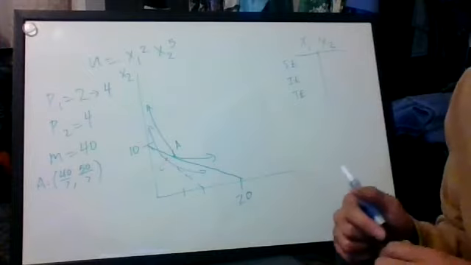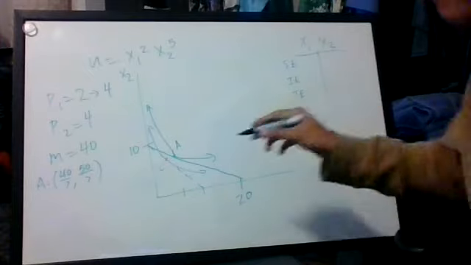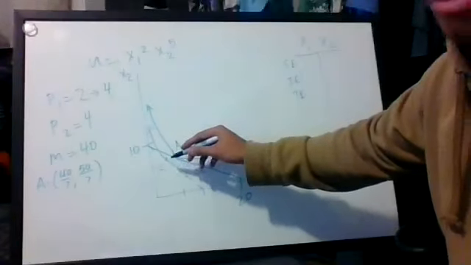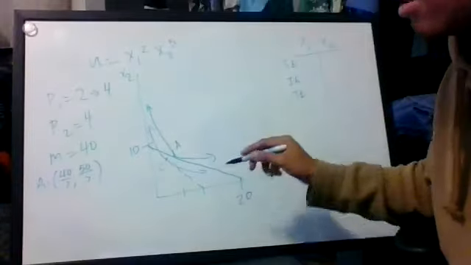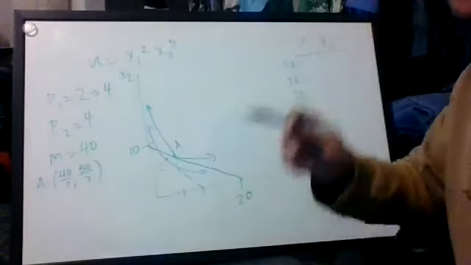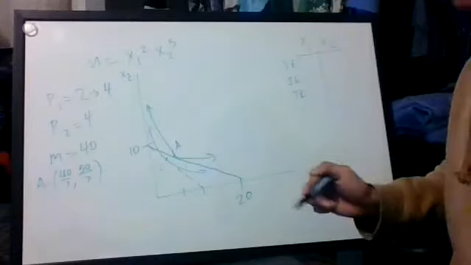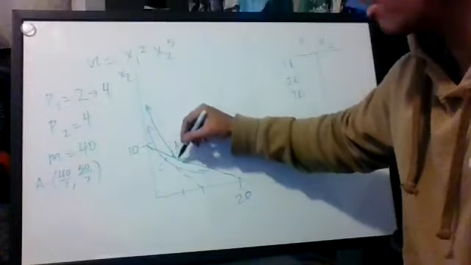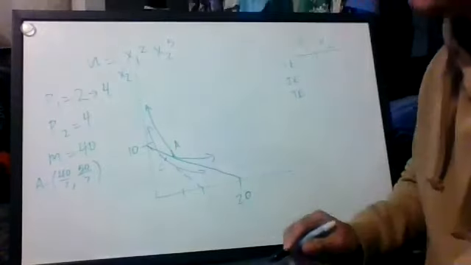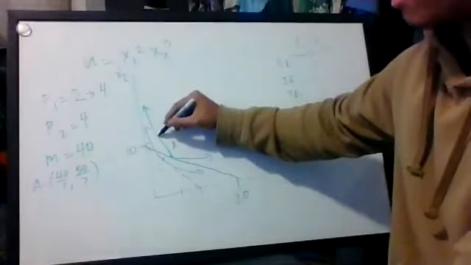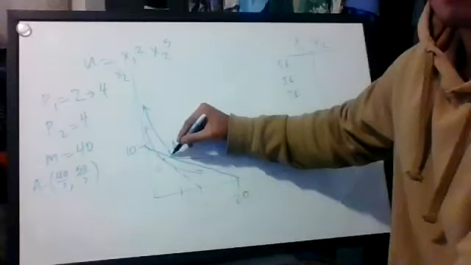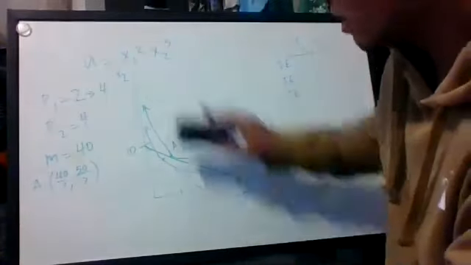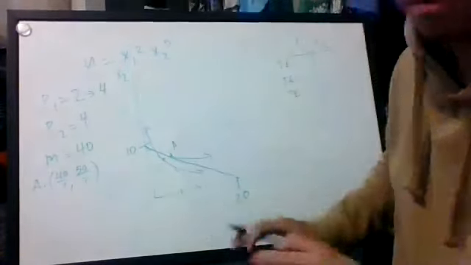And so if you take that information into account, we know that because the slope at point C is steeper than the slope at point A, and because we know these are Cobb-Douglas, and so they have diminishing marginal rate of substitution, that in order to have a point that's tangent to my indifference curve, it's going to have to be to the left of A, right? Simply because we know that the slope here is greater than the slope here, right? So I sketch my new, and actually this is not very curved.